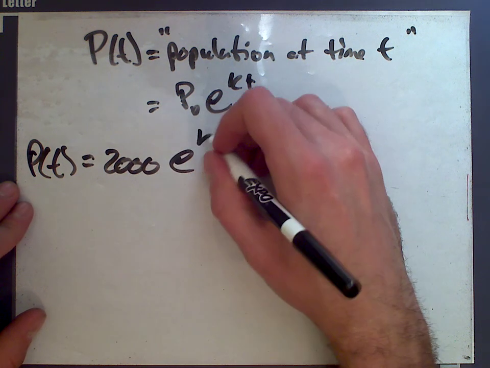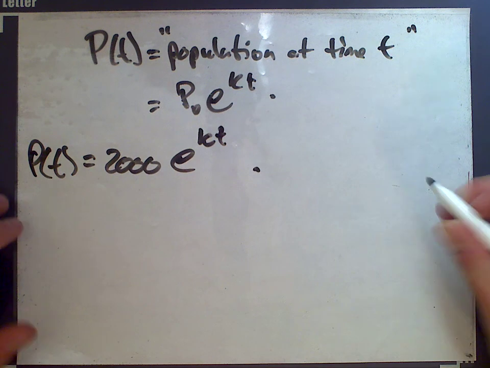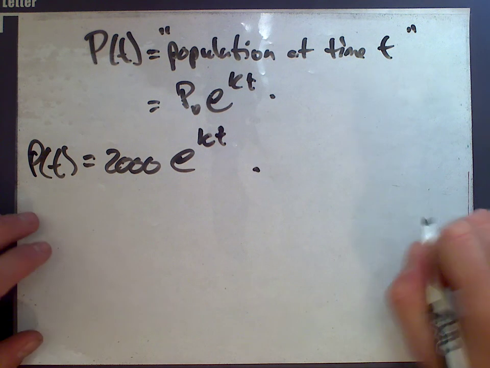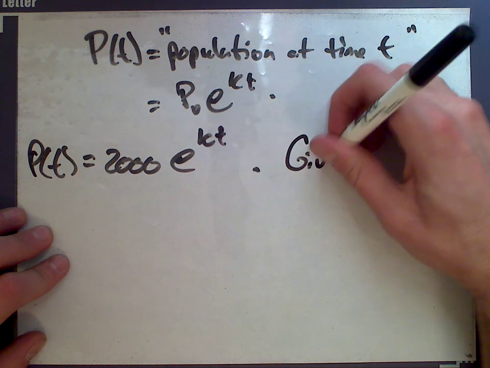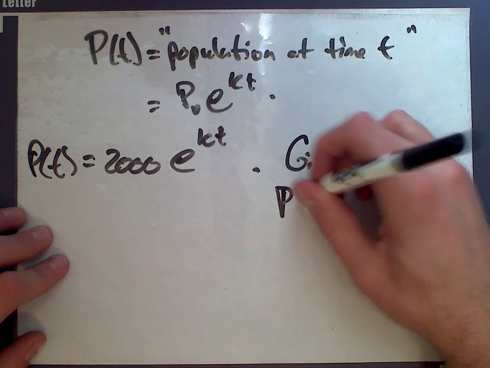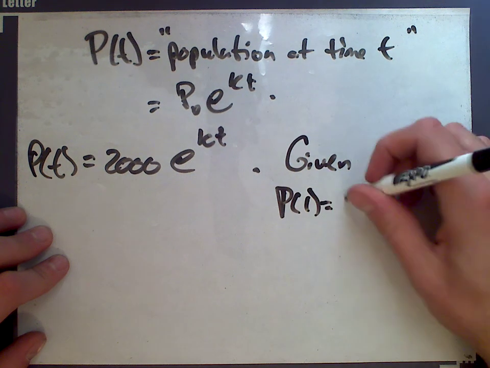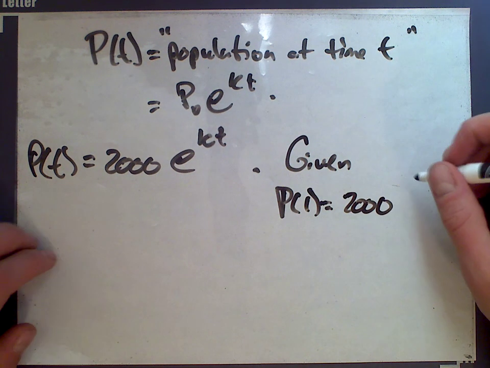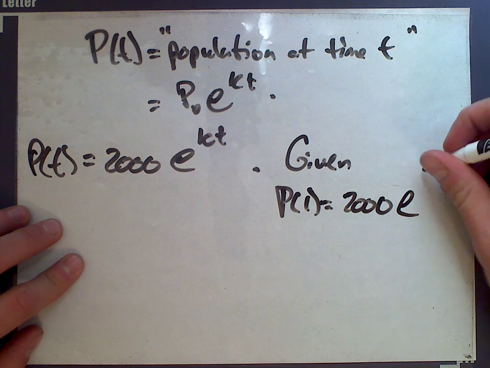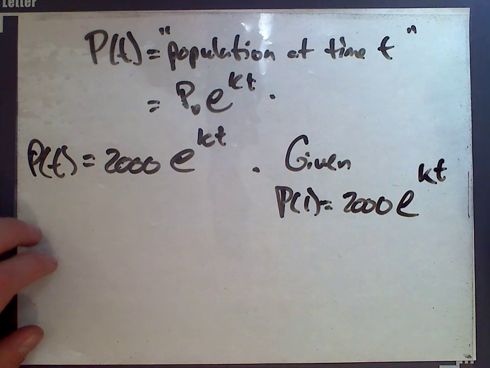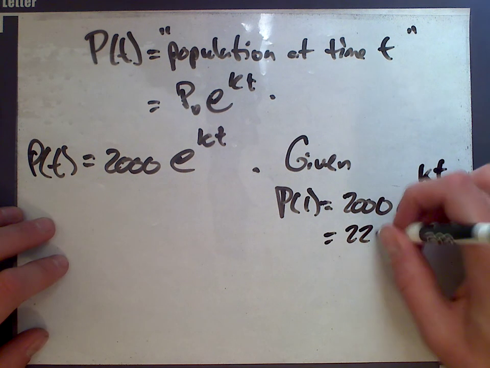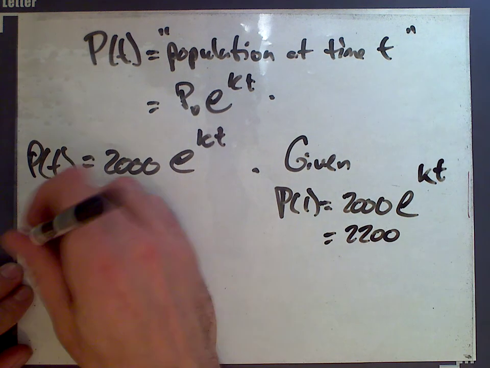So 2,000 times e to the kt, and we need to find k. We'll use the additional piece of information we're given, that at 1, so this is P of 1, the population is 2,200. So 2,000 times e to the kt should equal 2,200, and we're going to solve for k.